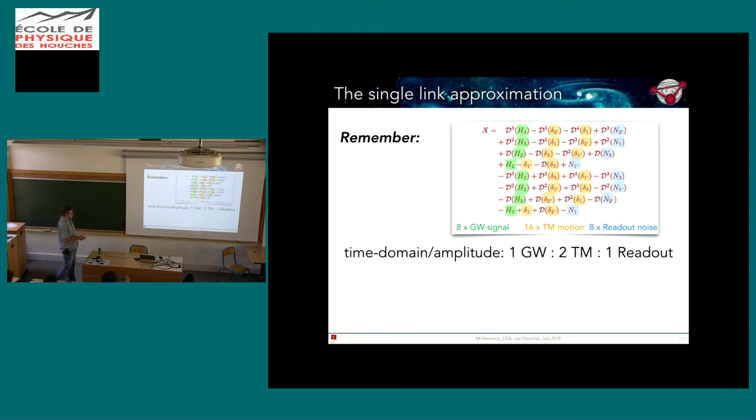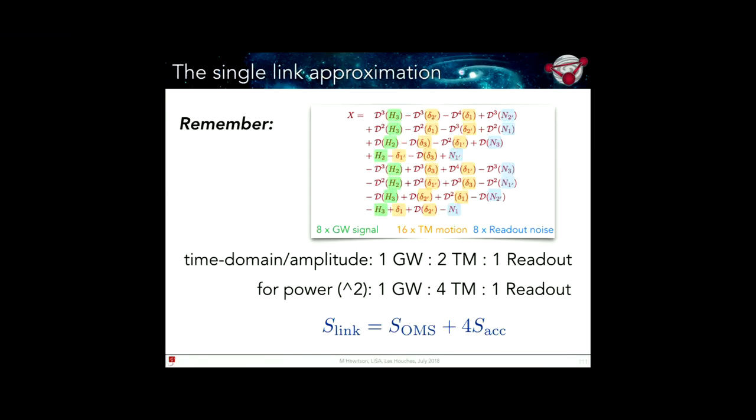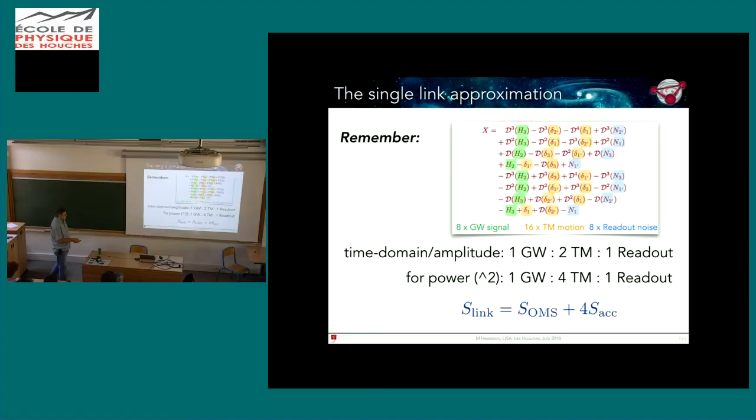So that's a ratio of 1 signal to 2 test mass to 1 readout, if you consider this as time domain. If you think of power, in terms of power spectral densities, noise quantities, then that becomes a ratio of 1 signal to 4 test mass to 1 readout, and it's particularly this ratio that's important. So a single link can be expressed as 1 unit of readout power and 4 units of test mass power.